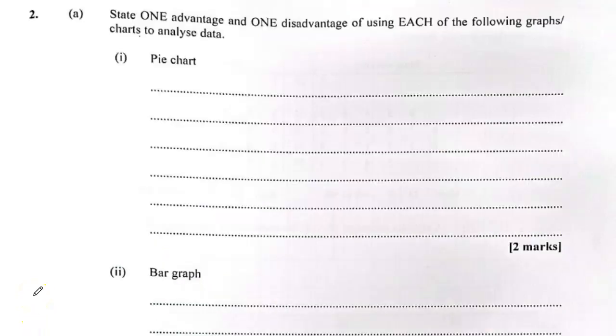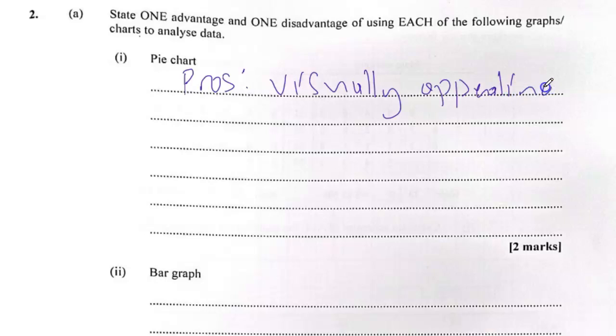State one advantage and one disadvantage of using each of the following graphs or charts to analyze data. So pie chart, think about the pie chart. One of the advantages, one of the pros for the pie chart, is that it's visually appealing when compared to others.